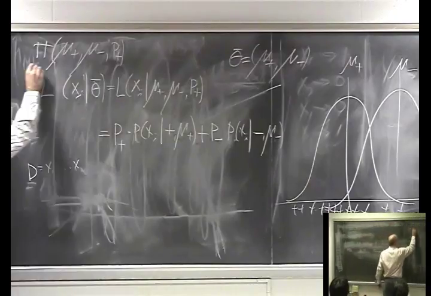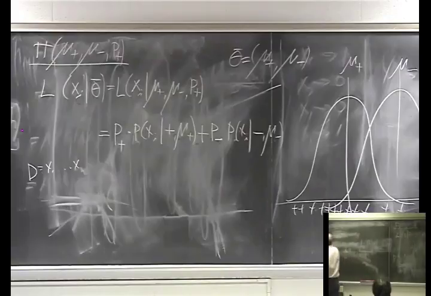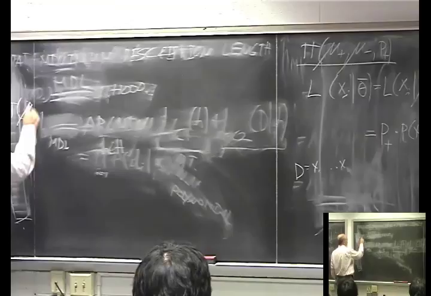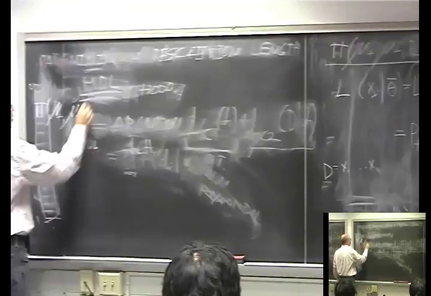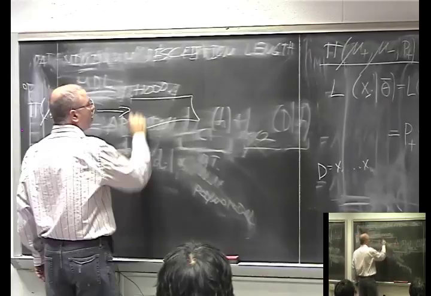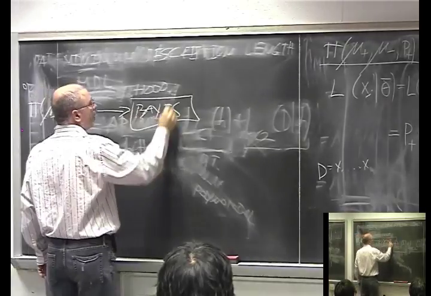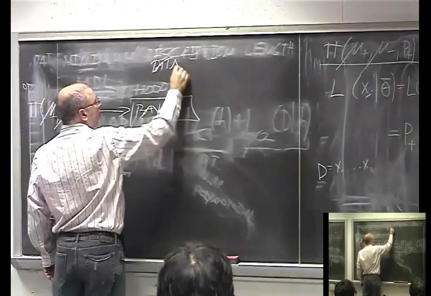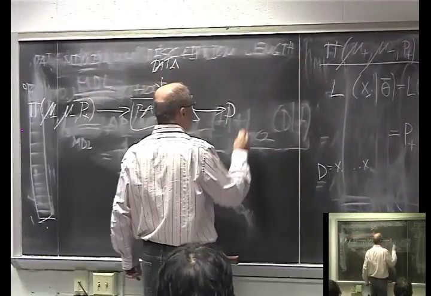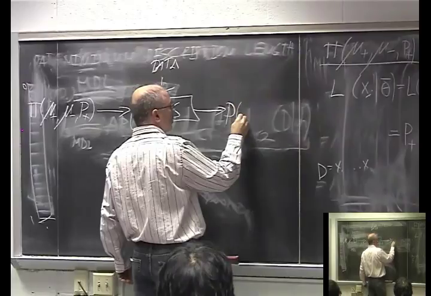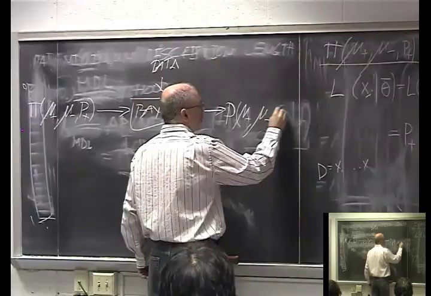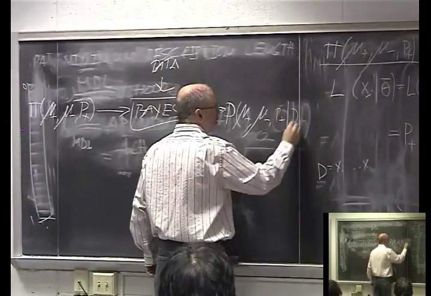So remember that I have a prior. This is the prior over mu plus, mu minus, and p plus, and it goes into the Bayes machine, as does the data, and out comes the posterior, which has the same form as the prior, except it's conditioned on the data. So it's the probability of mu plus, mu minus, and p plus conditioned on the data.